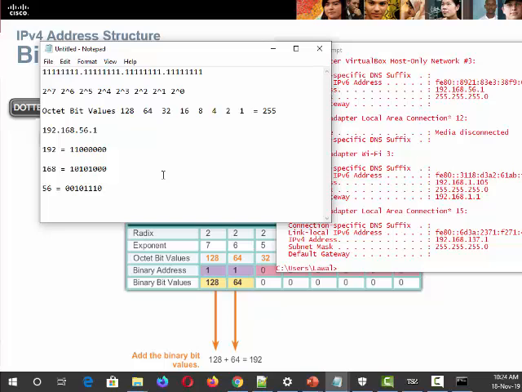Is this one correct? I'm lost. This is 32, this is 8. 32 plus 8 is 40. Am I correct? Yes, it should remain 24, not 14.